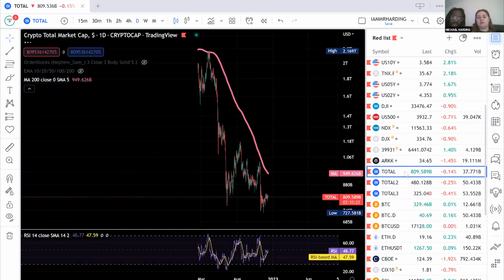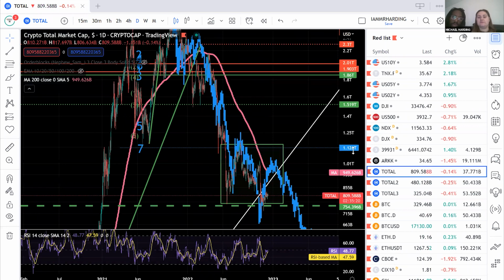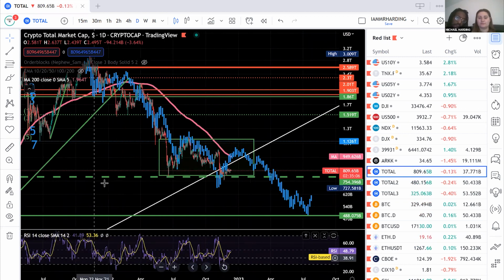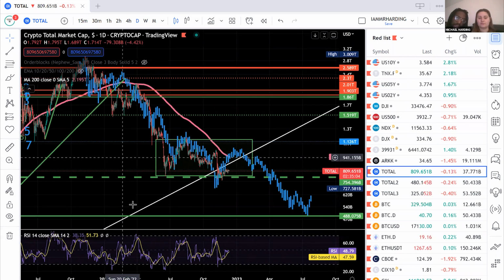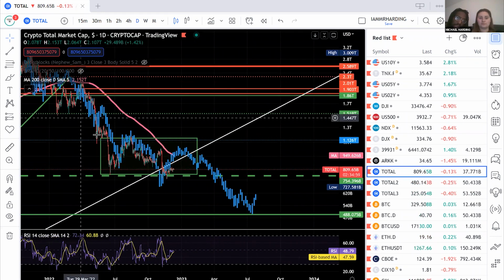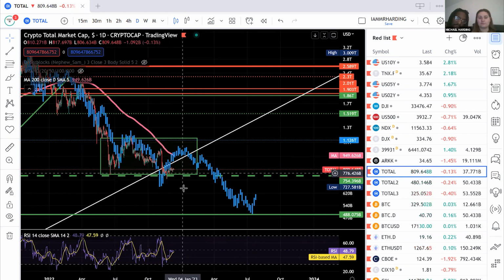So let's start with just the total with all of the cryptos and see where we are right now. So the blue pattern that you can see is actually the 2018 bear market. When we zoom into it, you can see that the price and the structure of the markets this time have been quite similar, especially in the region that we've just been through.